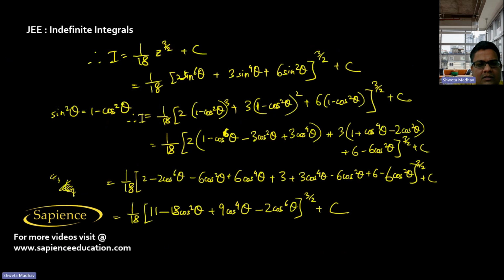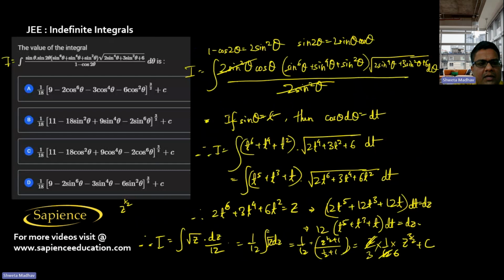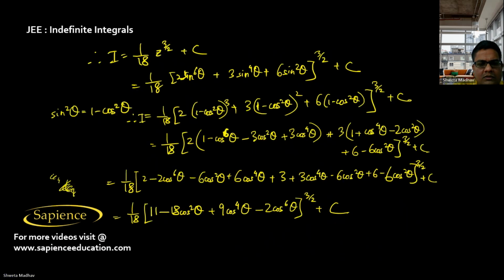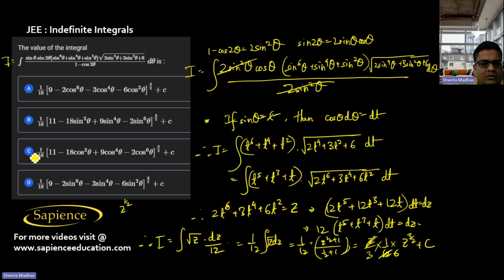So it means option D is the correct answer. No, sorry, it's cos. So it means option C is the correct answer.